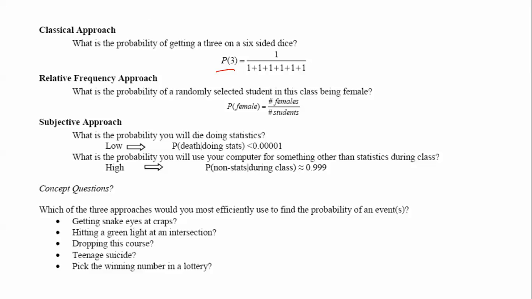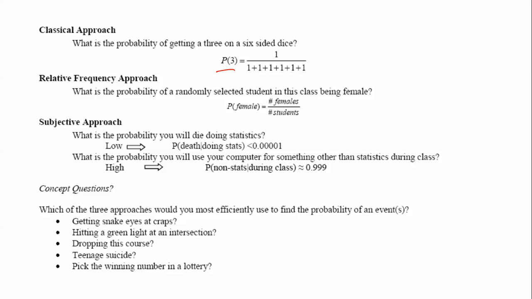Relative frequency approach occurs where we can't really calculate the probability. So for example, if you want to know the probability that you'll hit a stoplight, you can measure the total amount of time through an entire cycle, and you can measure the amount of time that there's a red light, and that will give you a relative frequency.